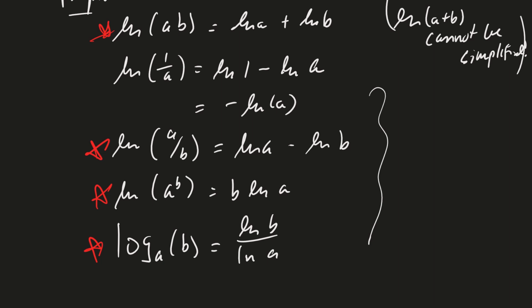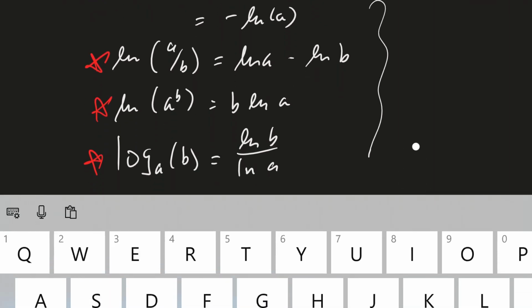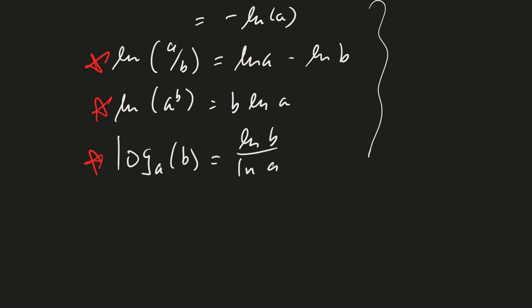This last one I'd like to write a little bit more about. I'd like to prove it. So let's write down y equals log base A of B. And so I can rewrite that as A to the y equals B, and now I can apply any logarithm to both sides.